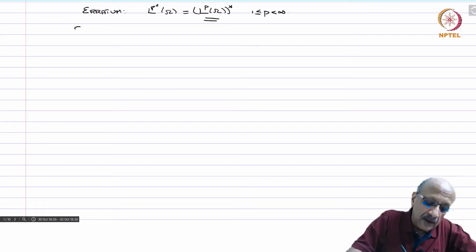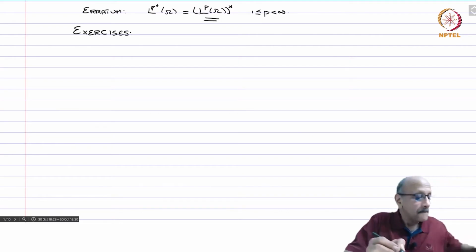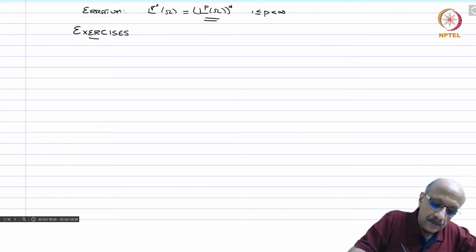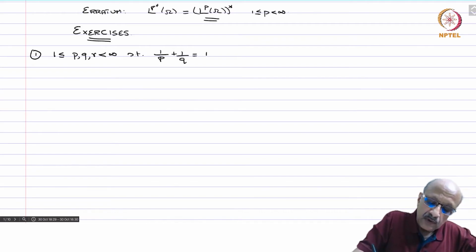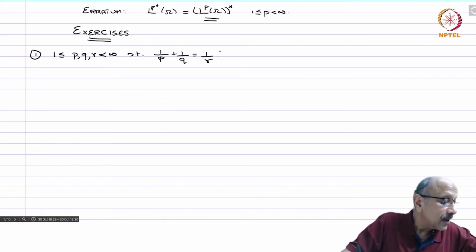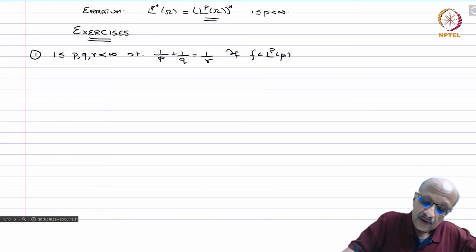Okay, so today we will do some exercises. First one: 1 ≤ p, q, r < ∞ such that 1/p + 1/q = 1/r.